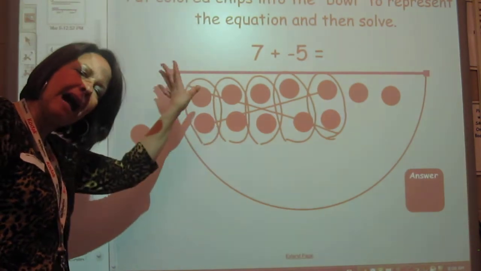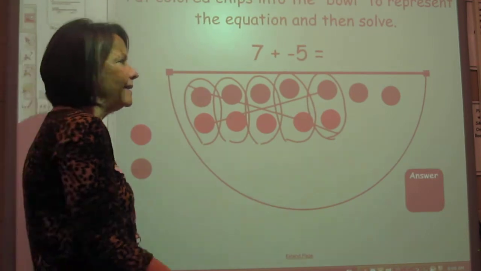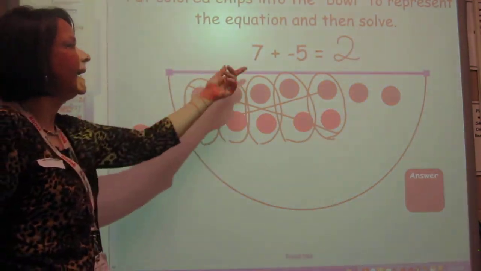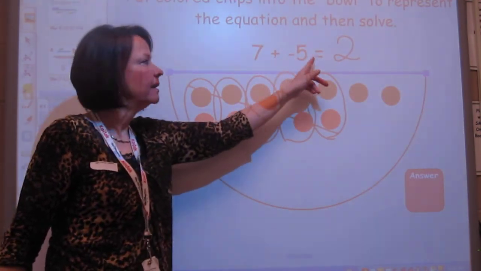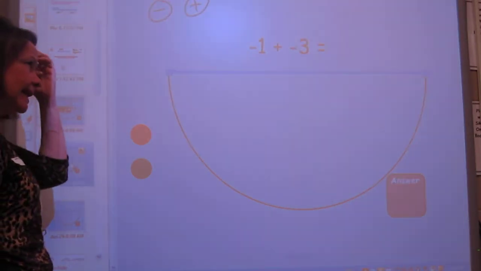You're going to take them out, take them away. Take away means subtract. What are we left with? Positive 2. It's another visual to show you that even though we're combining, even though we're adding, we're actually subtracting.